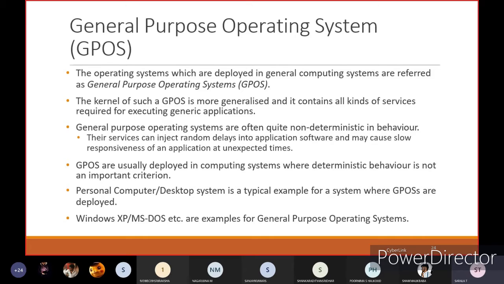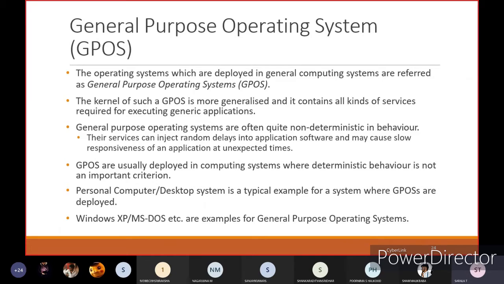If you want to run a calculator, you can install the application and run it. If you want to run a Word document, you can install it. If you want to run control operations, you can install them and run them. Generally, you can run anything on these devices. For example, your laptops, desktops and mobiles are all general purpose operating systems.